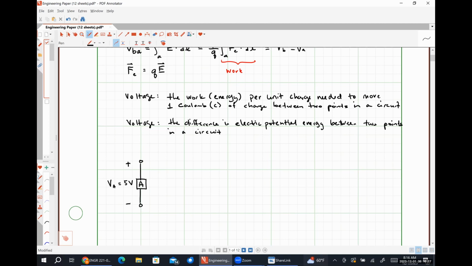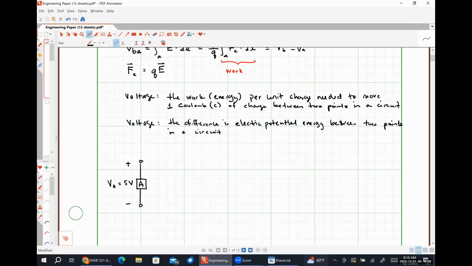All that means is that the positive polarity terminal is at 5 volts higher electric potential than the negative polarity terminal. It doesn't have anything to do with literally anything else, okay? So the positive polarity is higher than the negative polarity terminal by the magnitude.